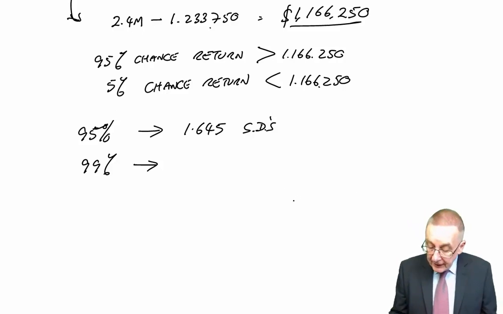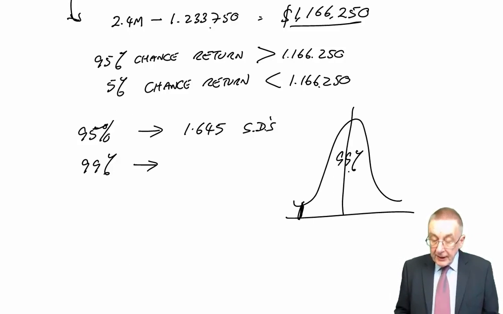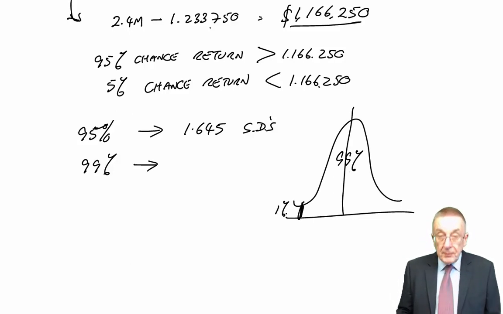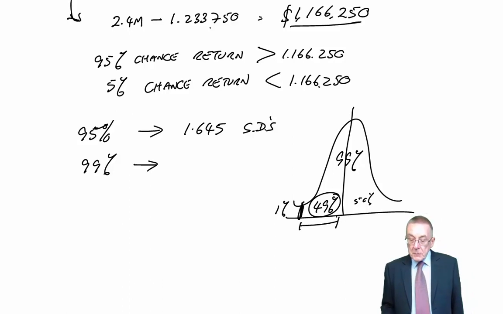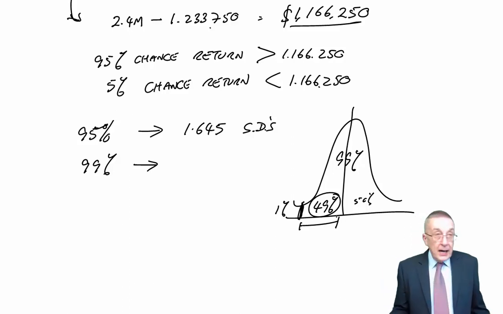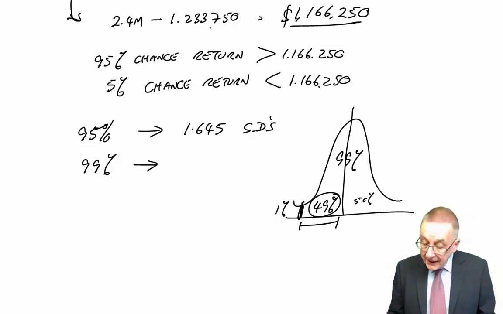Think about the graph again. This time, there's a 99% chance of being above the limit, or a 1% chance of being below. Again, because 50% is above, there's 49% between the average and the cutoff. So again, how many standard deviations? We want an answer of 49%, 0.49, and so look at the tables.